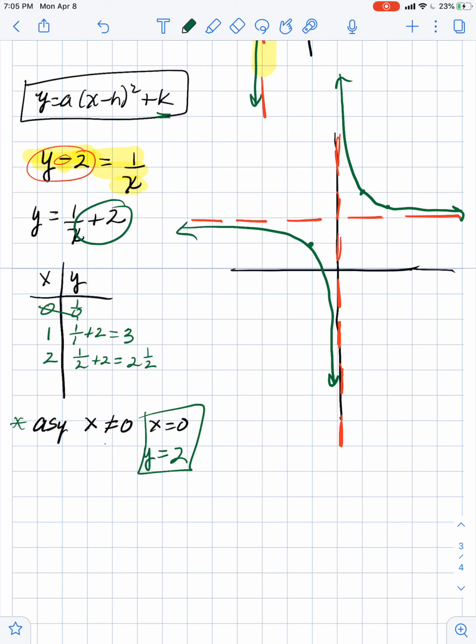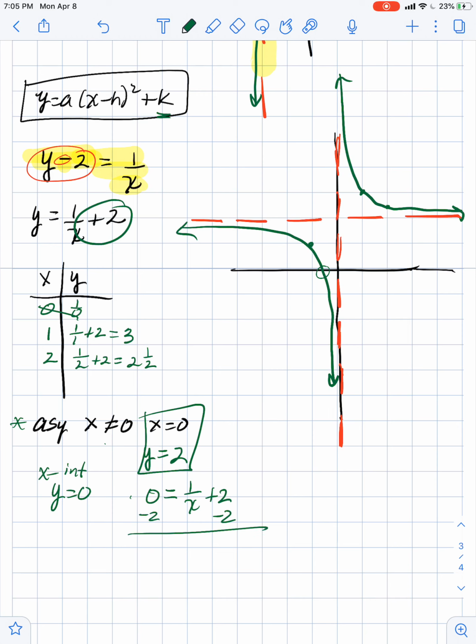You could always, in this case, we're going to have an x-intercept. Look, we got one right here. So if we're finding an x-intercept, we're going to let y equal 0. So you can tell by your graph what you're going to have. So if y is 0, I'm going to put it into that second equation. 0 equals 1 over x plus 2.